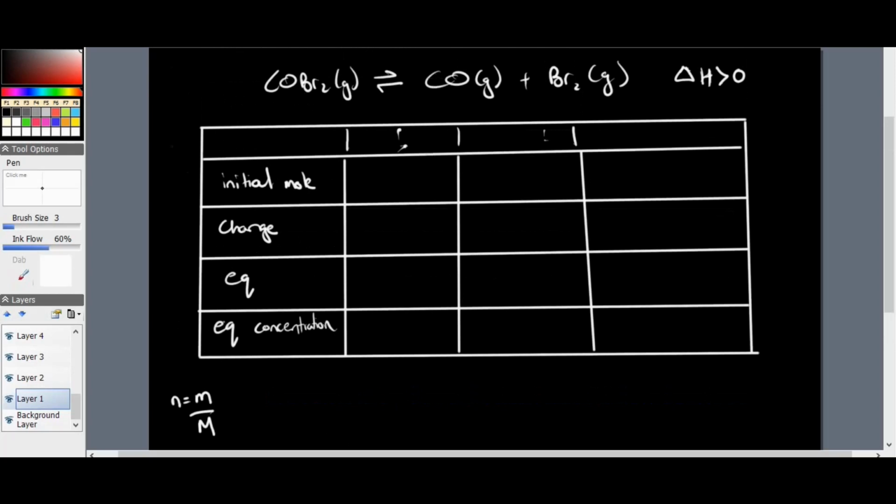To clear up some confusion, let's write the ratio here, which is 1 is to 1 is to 1. Here is bromine, here is CO, and here is COBr2.